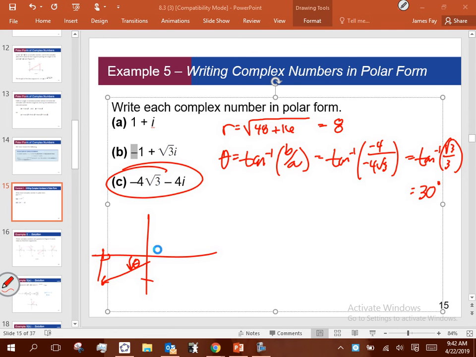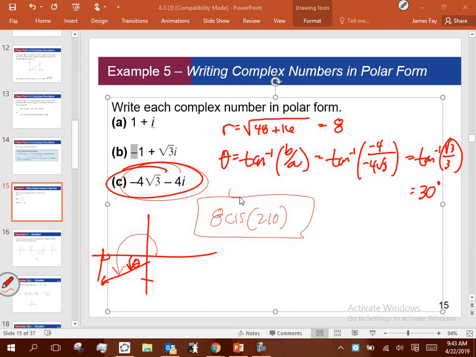Like Emily said, then we got to add 180 to it to get from the polar axis, or the positive real axis, to that r. Okay, so theta is really 210. So then this in polar form is 8 cis 210 degrees, and that's what we're looking at.